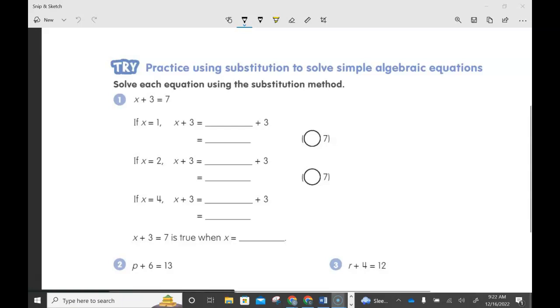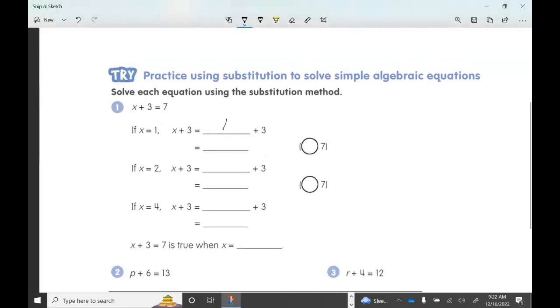So let's see here. If x equals 1, x plus 3 would equal 1 plus 3, which would give us 4. Now obviously that would not work. So you can try it, you can check it, you can revise it. If x equals 2 for this equation, x plus 3 equals 2 plus 3, that's going to give you 5. So that will not work.